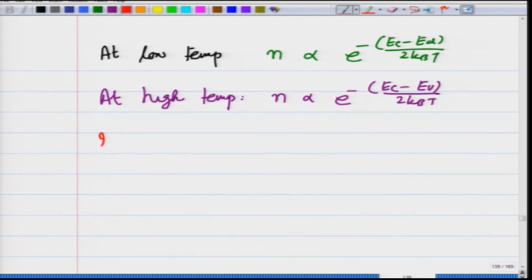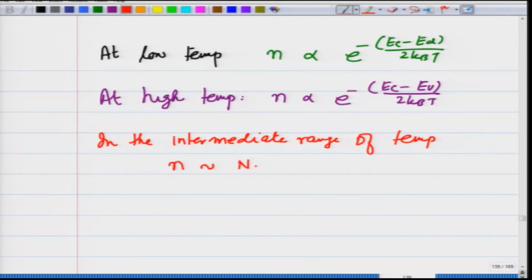And in the intermediate range of temperature, n would be roughly equal to Nd, because all the donors would have been ionized.